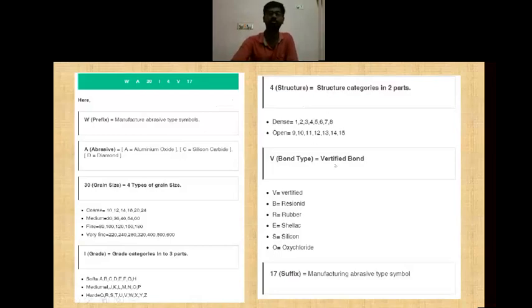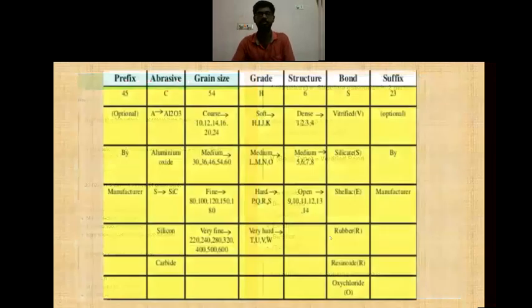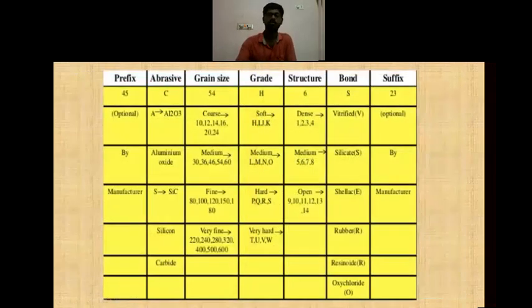V denotes the vitrified bond of the grinding wheel. And at the last, 17 is the manufacturer's optional number.